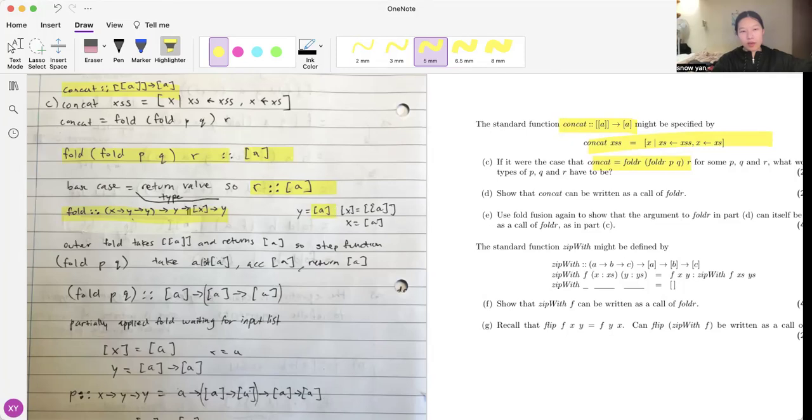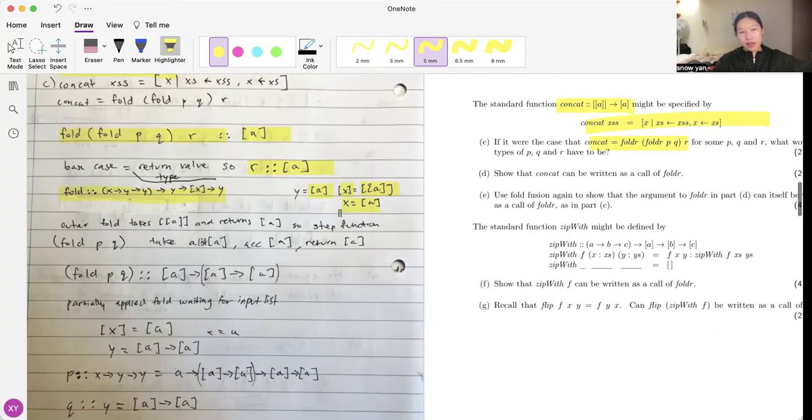Here we know that we're inputting a two-dimension list, and the thing inside that we're supposed to input is a list of x. So that means that in reality, what x represents is just a list of A. So basically the outer fold takes this and then returns that.